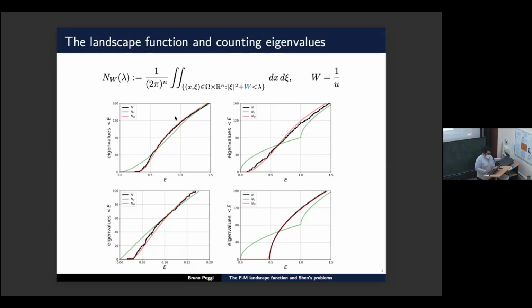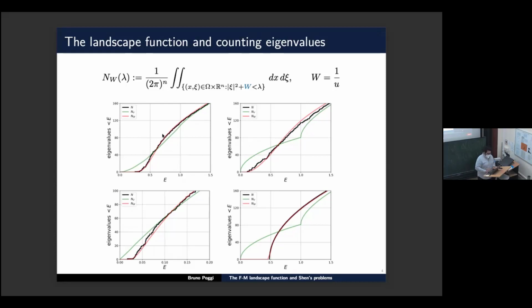But we also care about non-asymptotic bounds that tell you what happens at the bottom of the spectrum, at the beginning of the spectrum. In these pictures, the black lines represent the actual eigenvalue counting function, which tells you, at any given lambda, how many eigenvalues there are below lambda.